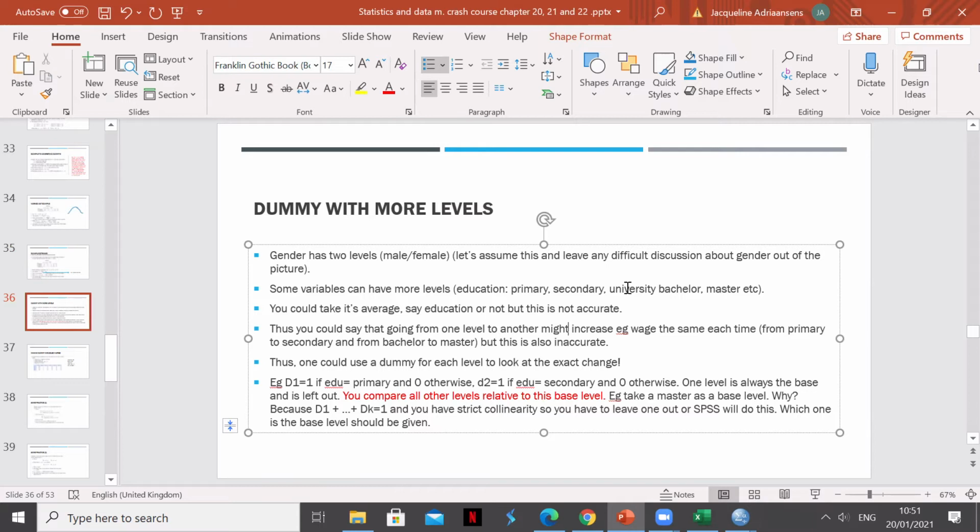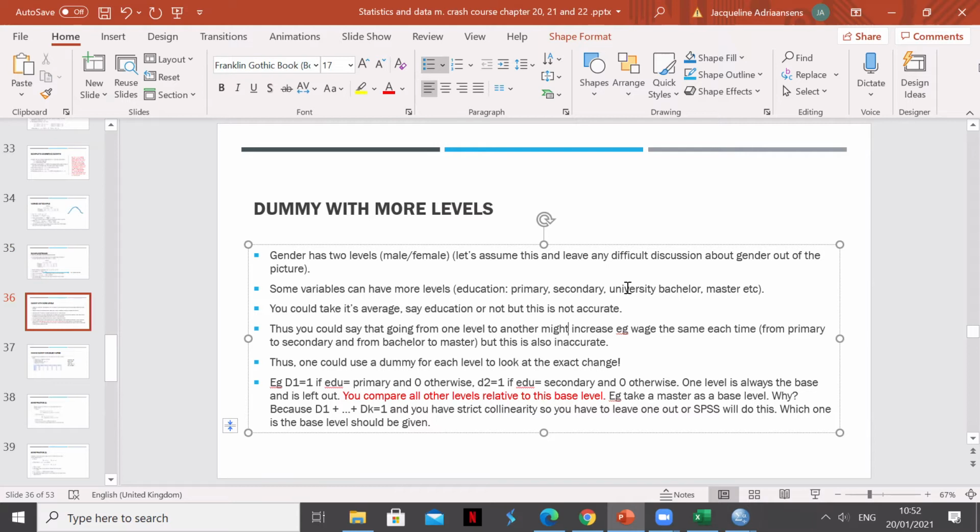For example, you take dummy 1 to be 1 if your education is primary and 0 otherwise. You take dummy 2 to be 1 if your education is secondary and 0 otherwise. You take dummy 3 to be 1 if your education is university bachelor and 0 otherwise, and so on.